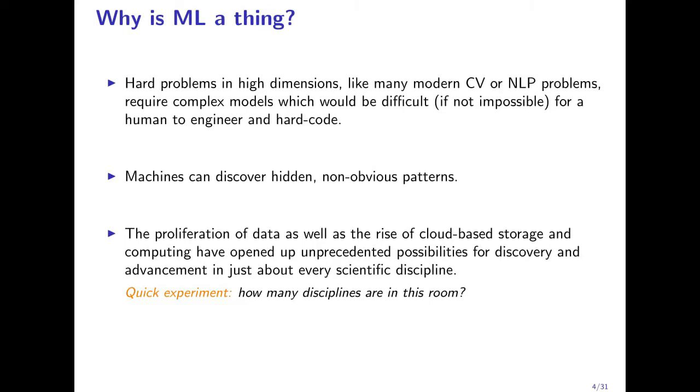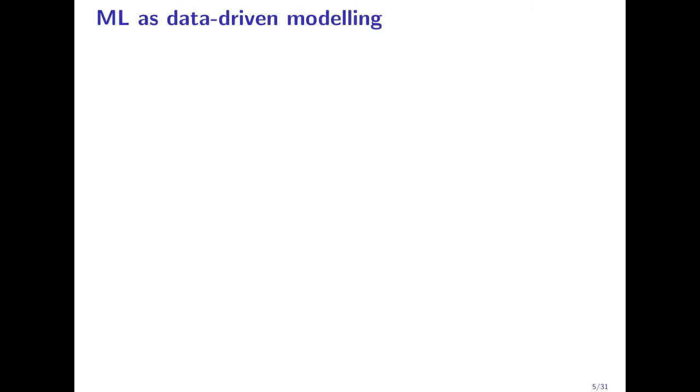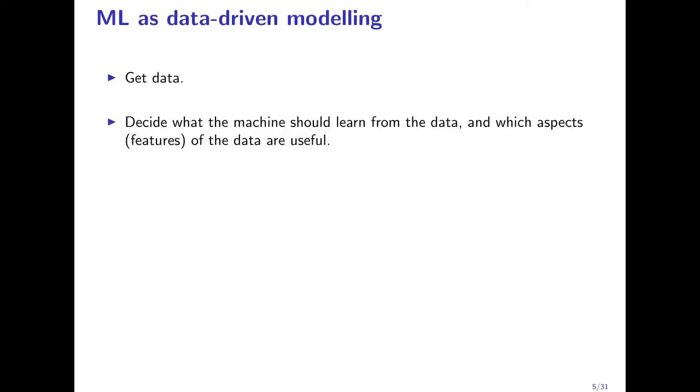Okay, so as I said, I think machine learning in many ways can be seen as a modeling process. And of course, the first step for machine learning would be to start with data. So we would somehow get data from wherever. And then, of course, we have to decide what do we want to do with this data? What do we want to learn from the data?